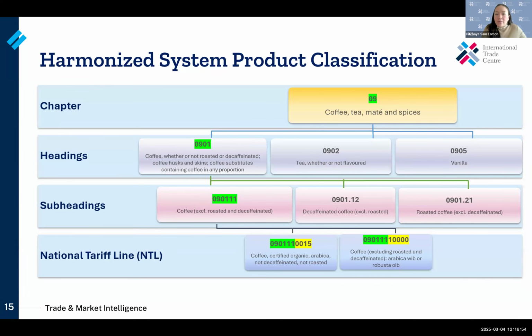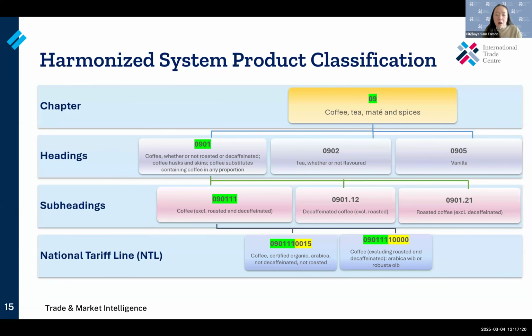So for example, this one we're currently looking at 09. Chapter 09 covers coffee, tea, mate, and spices. As you can see here, it is a very, very wide variety of different products. However, as soon as you add additional numbers, so for example, instead of 09, it becomes 0901.